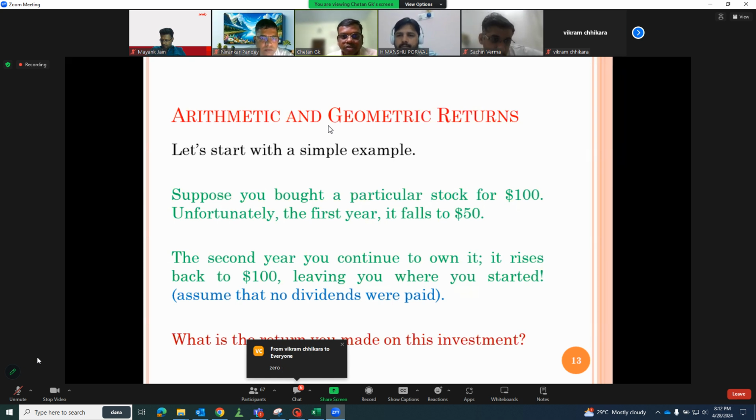So Abhishek is saying 0%. Vikram is saying 0. No, this is a different concept. Forget about real rate of return, at least for the time being.